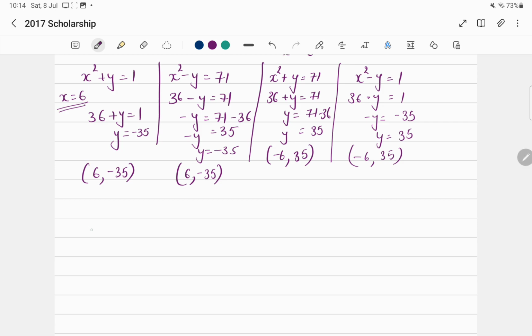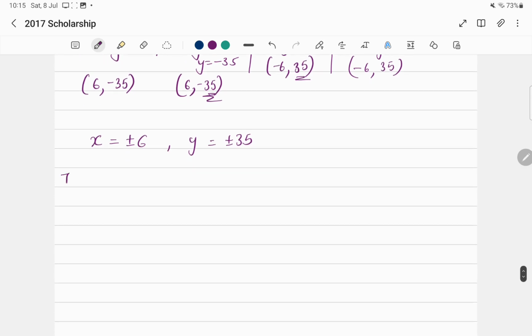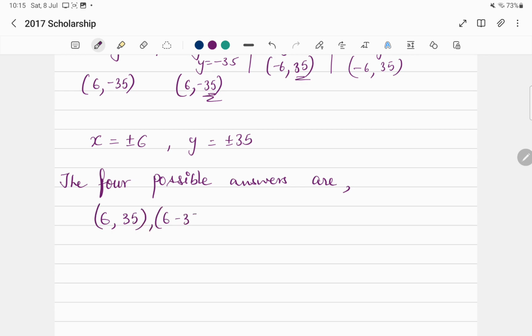So here we can see that x can be plus or minus 6, whereas y can be plus or minus 35. So the four possible solutions are (6, 35), (6, minus 35), (minus 6, 35), and (minus 6, minus 35).